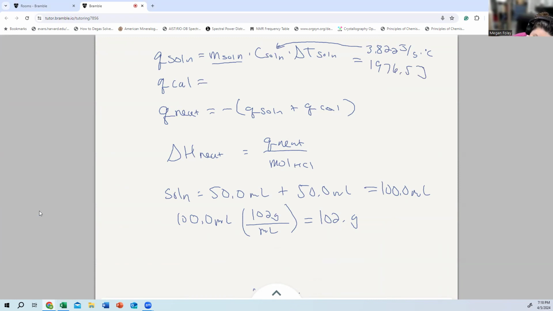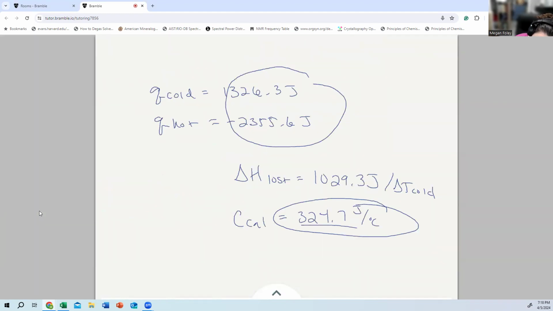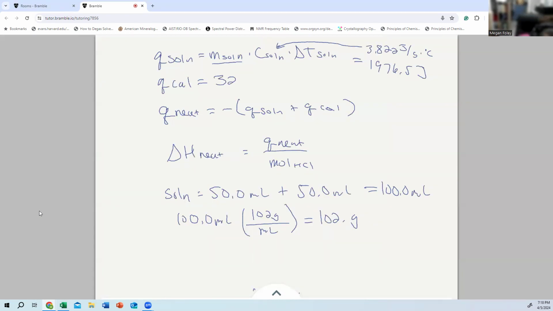Our calorimeter constant, sorry, the heat of our calorimeter. We're going to take our calorimeter constant, 324.7 joules, multiply it by the delta T of our solution, the 5.07 degrees Celsius.